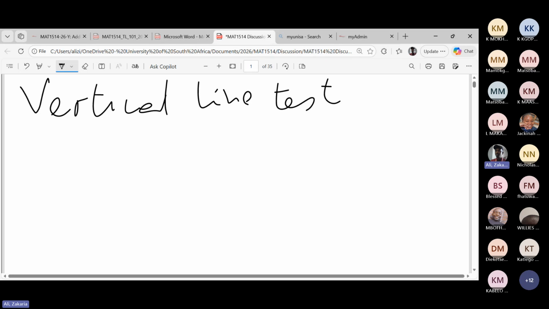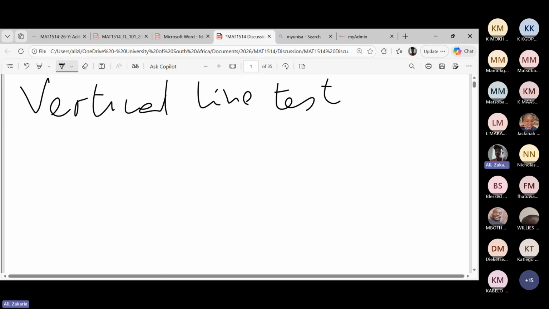Generally, I sketch a graph and ask you to check whether it is a function or not, because there are some instances where the graphs are not functions. For example, the circle, let's say x squared plus y squared equals something else, let's say 0, and so on and so forth.